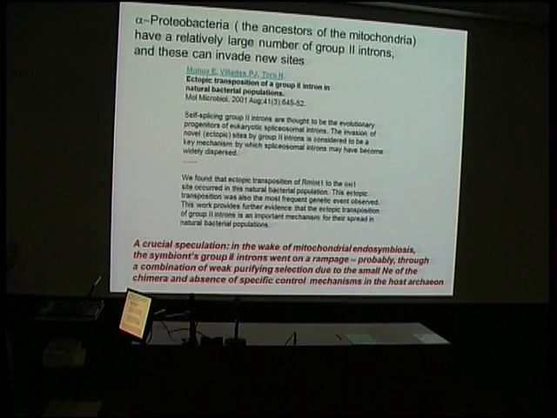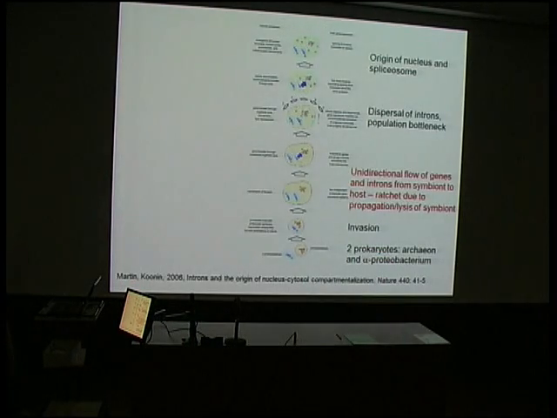Namely, the symbiont's group 2 introns, self-splicing introns, went on a rampage within the chimeric cell, probably through a combination of weak purifying selection caused by the small effective population size of the chimera and the absence of specific control mechanisms in the host archaea. So the schematic scenario which we proposed with Bill Martin looks like this.